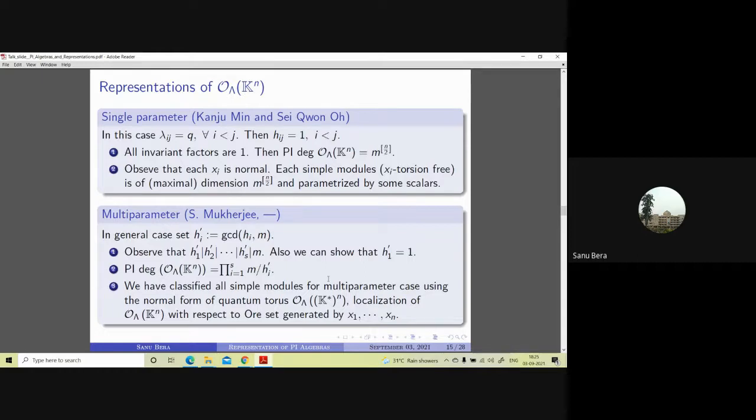Take any simple module on which xi acts as 0, then we can consider that simple module to be a simple module over a quantum affine space with fewer variables, so the same with a smaller number of variables. Xi can be removed from there. So in this way, we can say that on any simple module xi acts either invertibly or xi is torsion free.